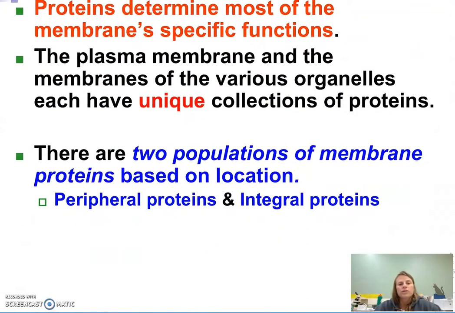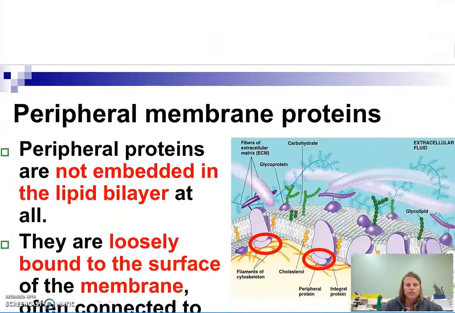There are two types of membrane proteins, and those types are based upon their location within the plasma membrane. So peripheral proteins are located outside of the cell membrane, on top of the cell membrane, and integral proteins are located throughout the plasma membrane. Let me get into greater details.